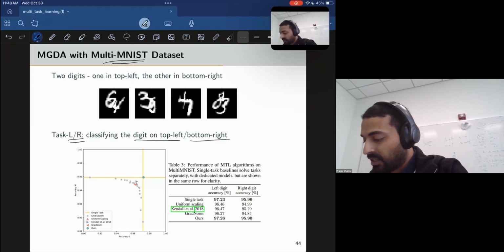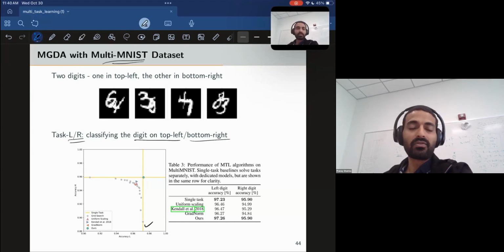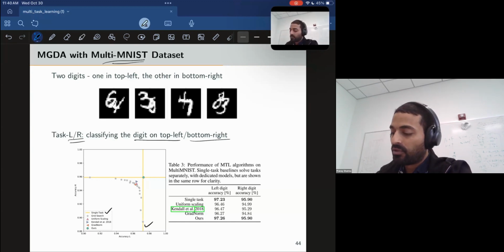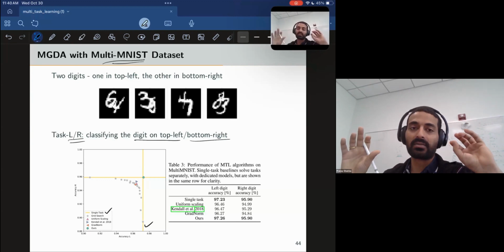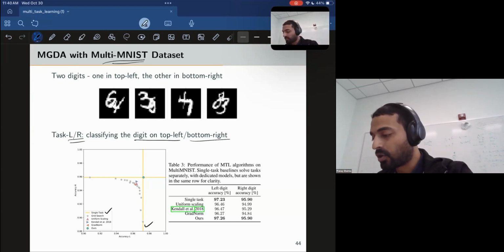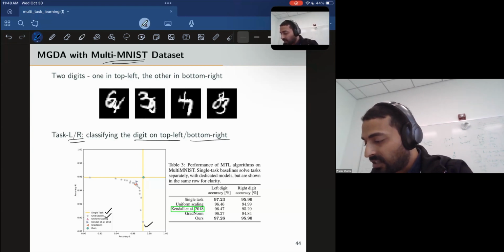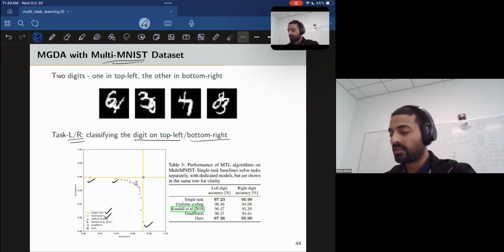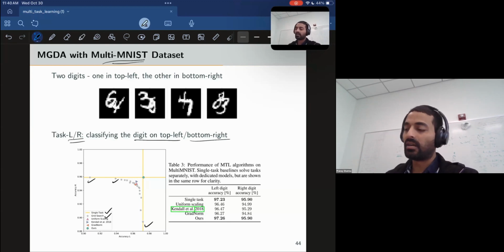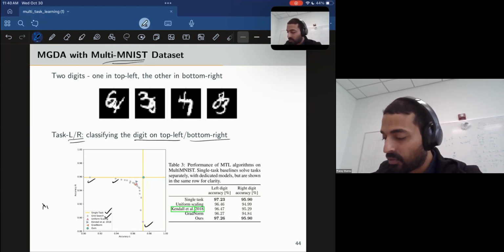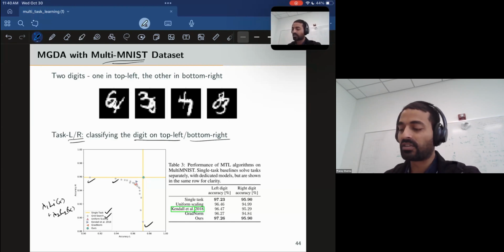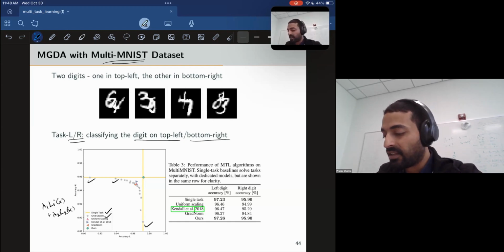In this figure, these yellow lines show the performance you can achieve when you train separate models for the left and right tasks. So this is sort of the limit of performance you can achieve. Then grid search: all these stars, they try to find a combination. They try to minimize a loss function where you minimize an average of the two losses, and they do a grid search over these lambda 1 and lambda 2.